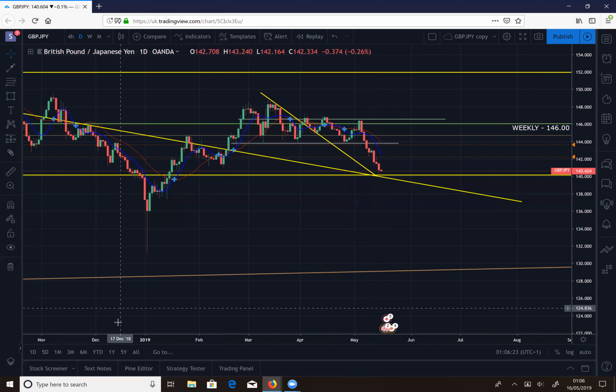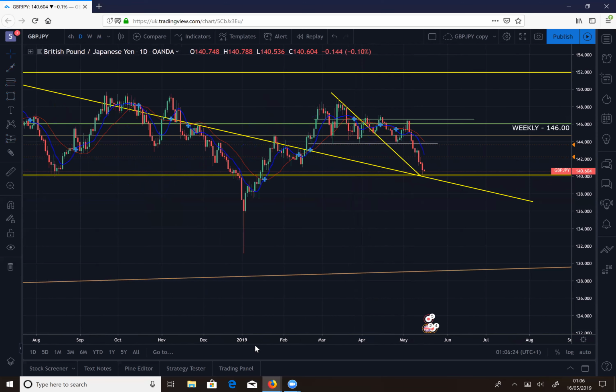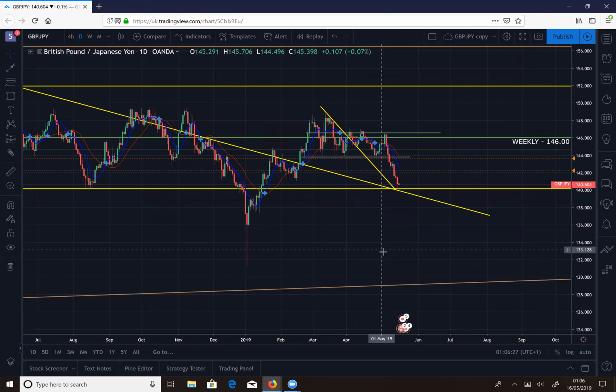So as you can see, just taking a closer look, nothing really changing from my daily and weekly outlook on this pair. We're just going to be looking for some clear signs of reversal for us to find some strength to head up to either our daily key levels, weekly, or even monthly before another descent. As you can see, we haven't quite retested this trend line, but this monthly could be just doing the job for us.